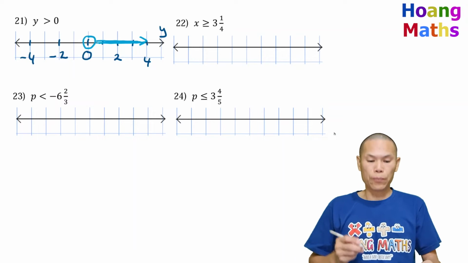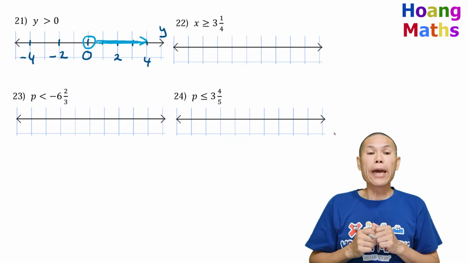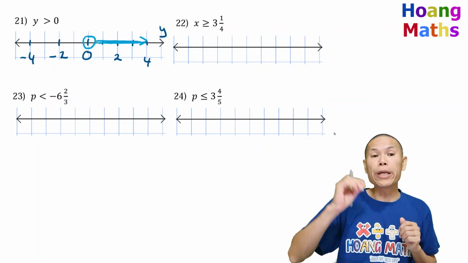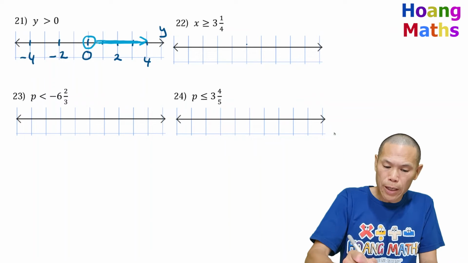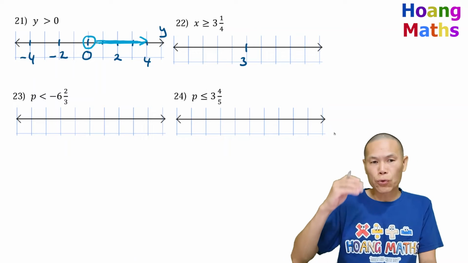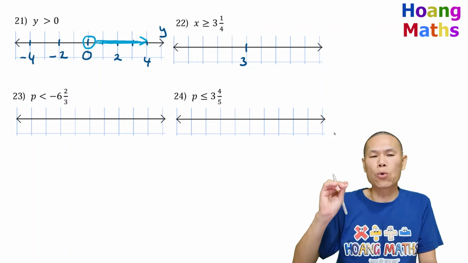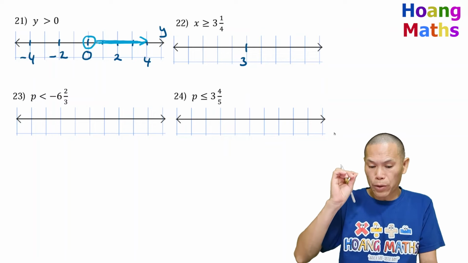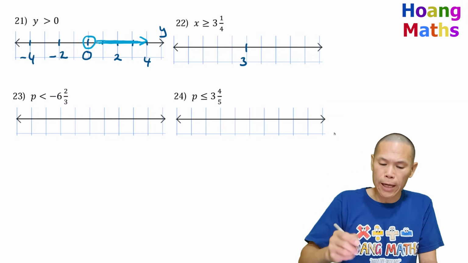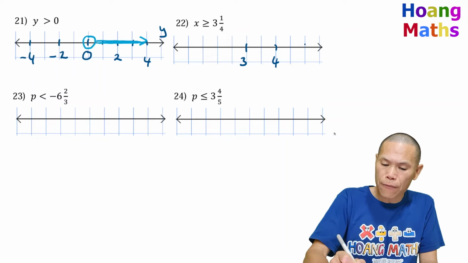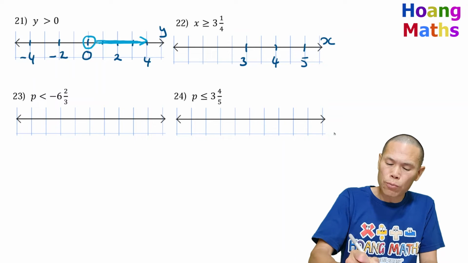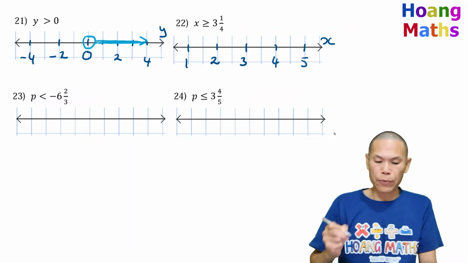So there you go. Number 22, x is greater than or equal to 3¼. Let's start from number 3, somewhere here. After number 3 is number 4, but we know that 3¼ is in between. Let me just do 2 grid is 1. So 3.5, 4, 4.5, 5, and of course, this is x, and 2.5 and 2, and then 1.5, so this is 1, if you wish.